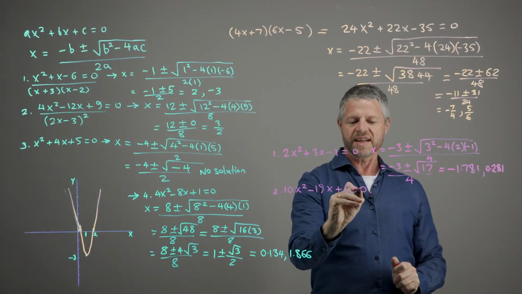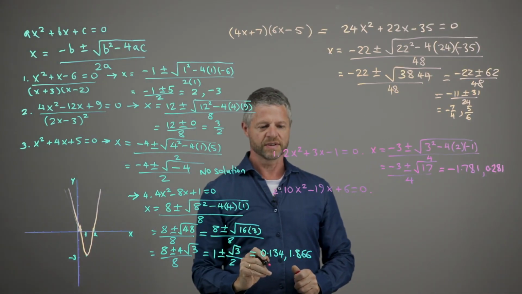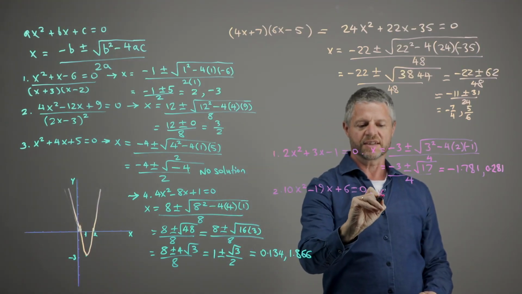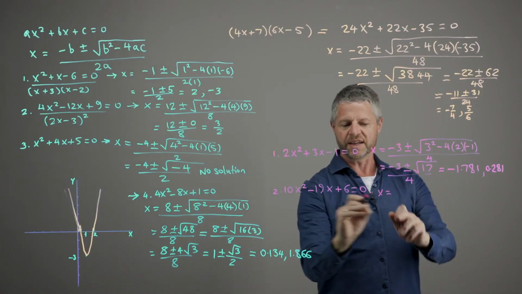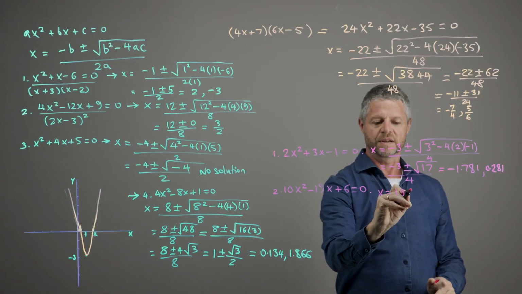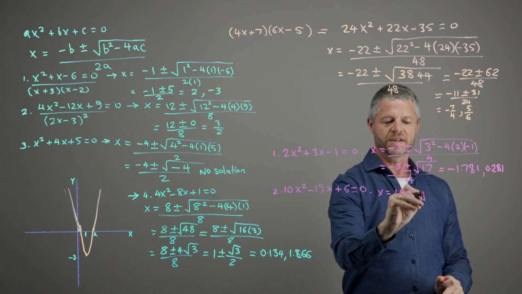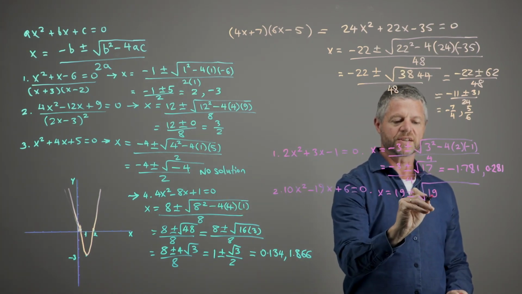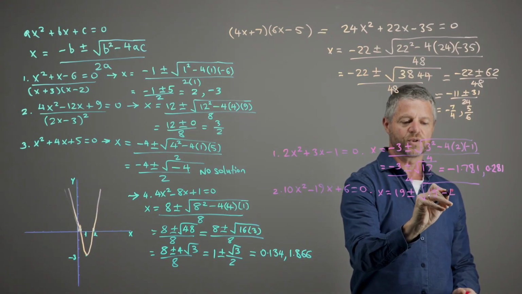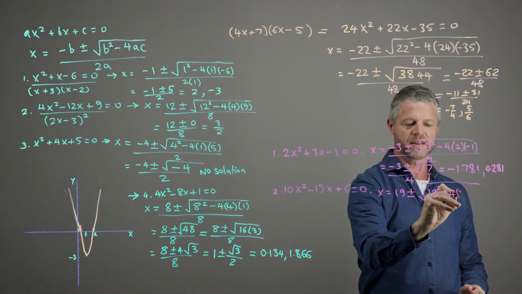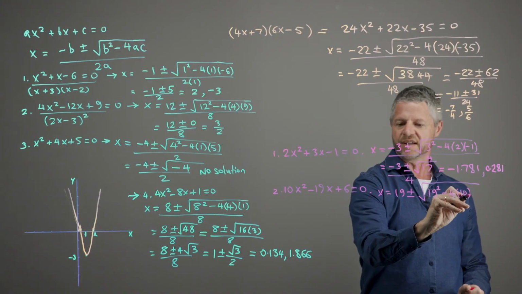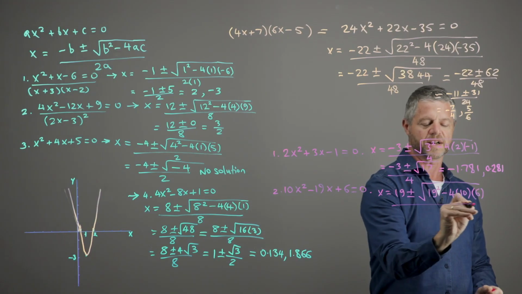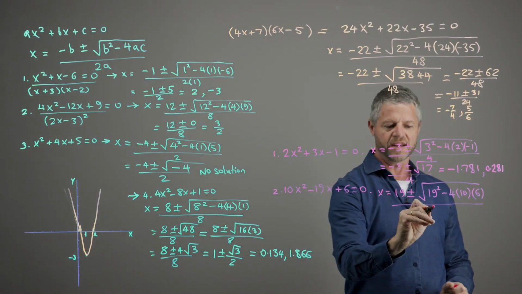And then this second example, so we're going to have x equals, so minus b, minus 19, plus or minus the square root of b squared, so 19 squared minus 4, a is 10, and c is 6, all divided by 2a, 20.